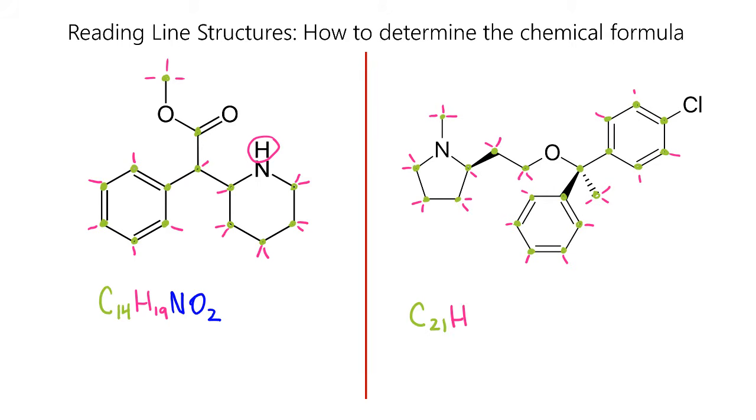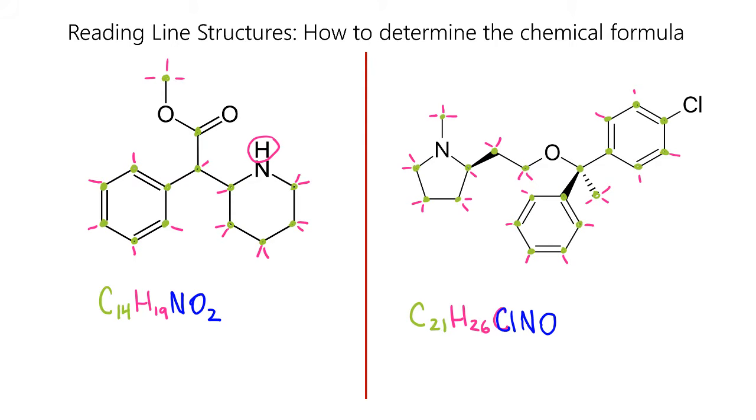So the H26. The final component of this compound would be chlorine, and then nitrogen and oxygen. And that would be it.